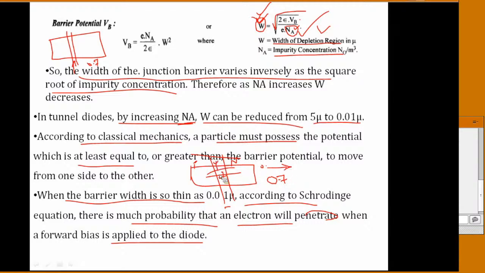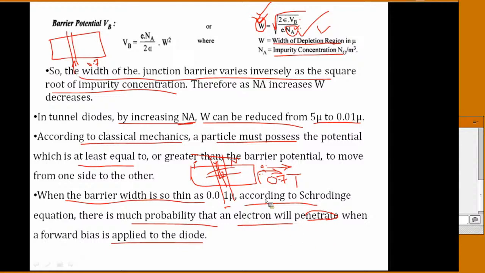But if the width of the depletion region is very, very thin, even a smaller forward bias voltage, 0.1 volt also, the current flow will take place. That current flow takes place due to the tunneling mechanism. That means the electrons will tunnel from the N region to the P region.